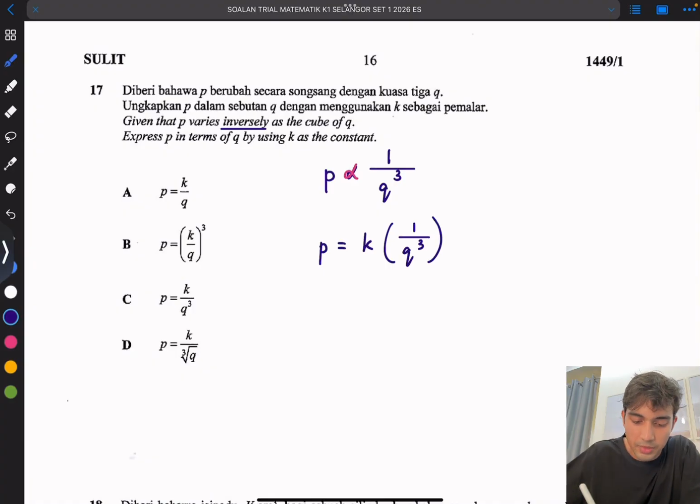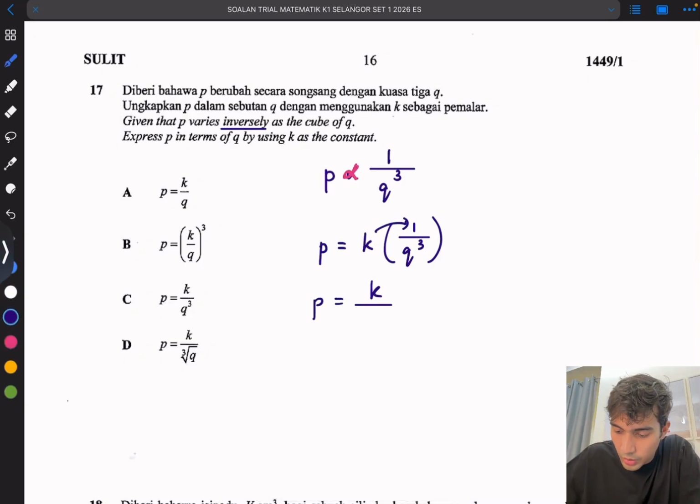Every time you want to change this, you do this. So here we multiply the k, and we get k over q cube. This will be our answer. C. Done.